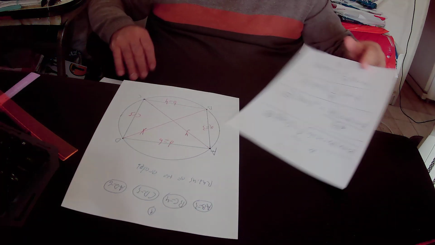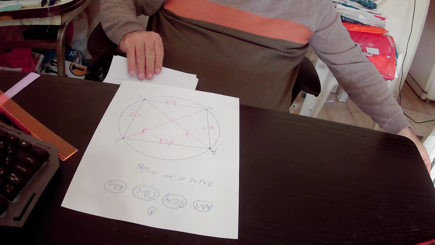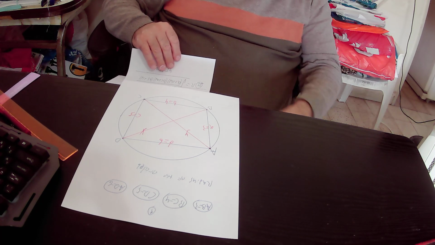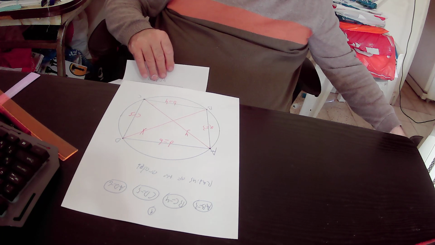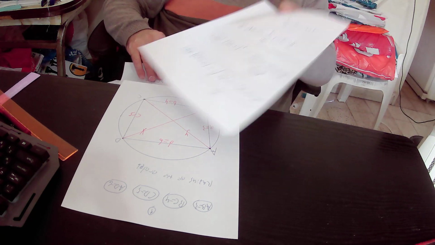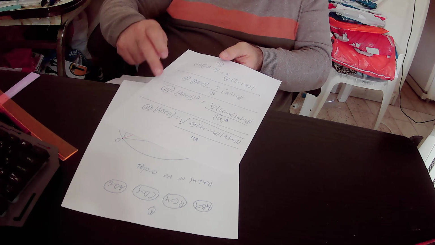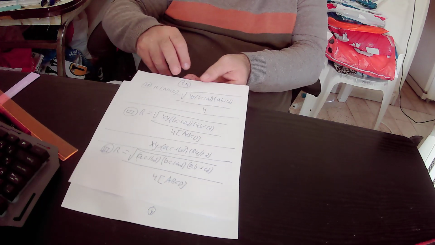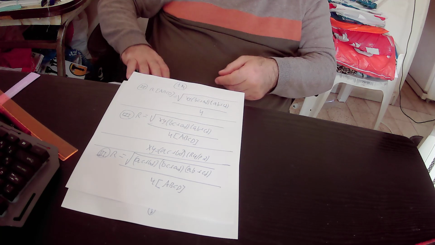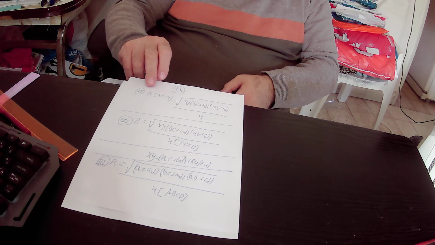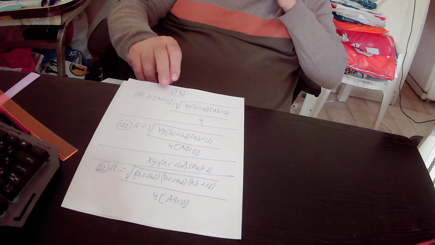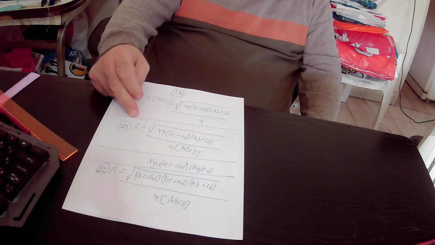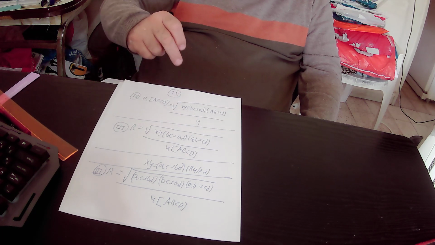Then we multiplied equation number 3 by R, and we got that R times the area of quadrilateral ABCD equals this expression. Then we divided equation number 3 by the area of quadrilateral ABCD, and we got that the radius of the circle that we are looking for equals this expression.